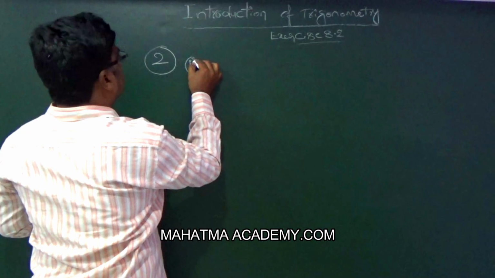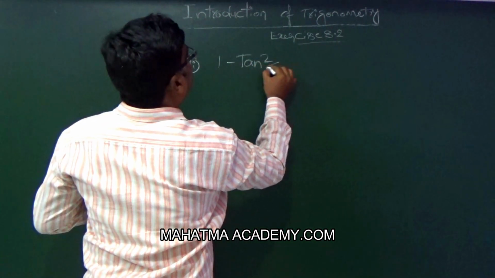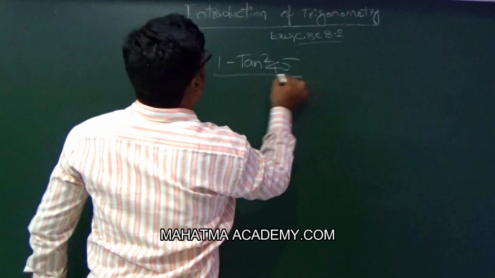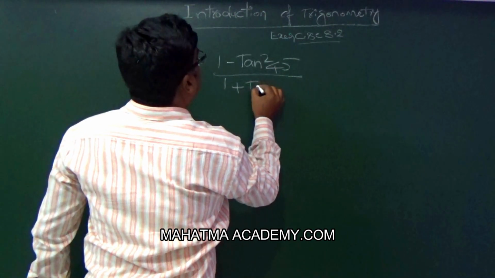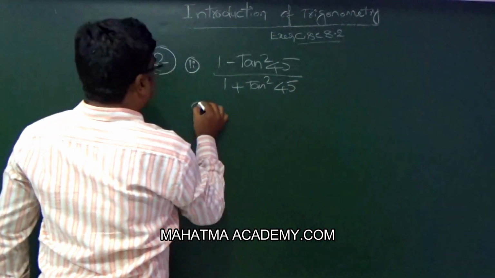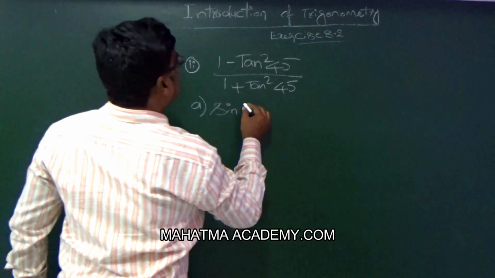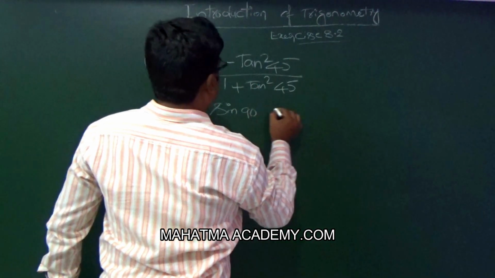Second problem. 1 minus tan square 45 upon 1 plus tan square 45. Okay, first option is sin 90.